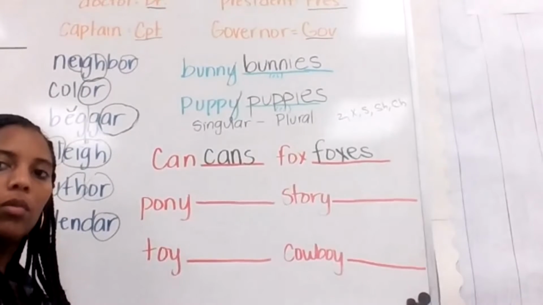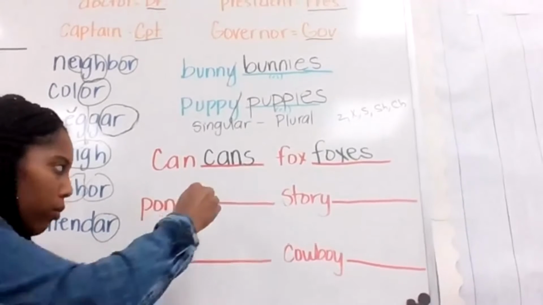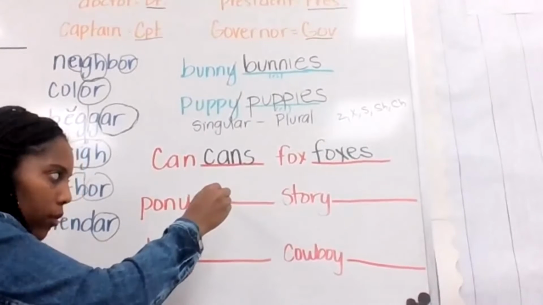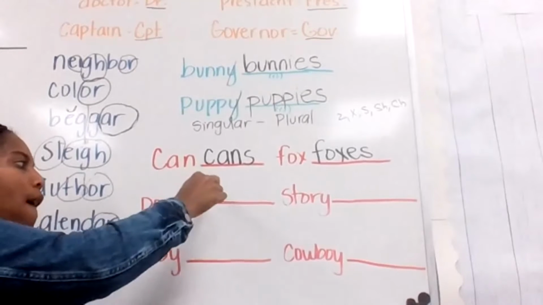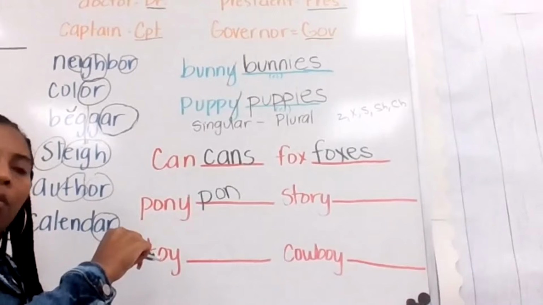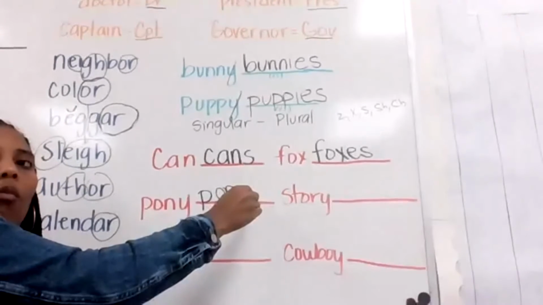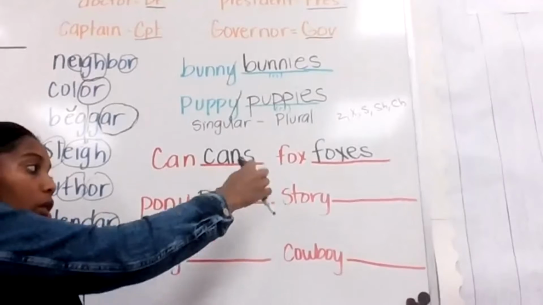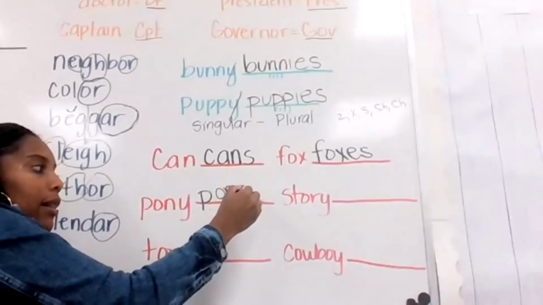Carly? P-O-N-Y. I. Okay, yeah. Change the Y into an I, ES.